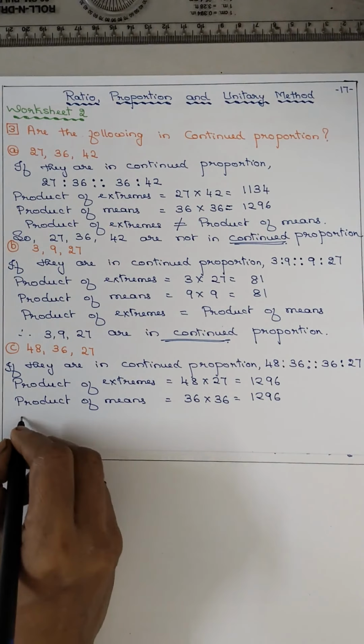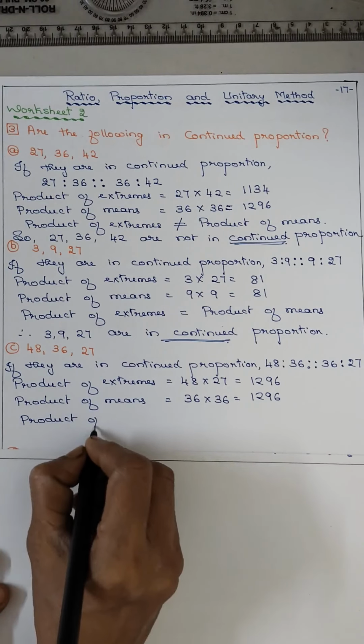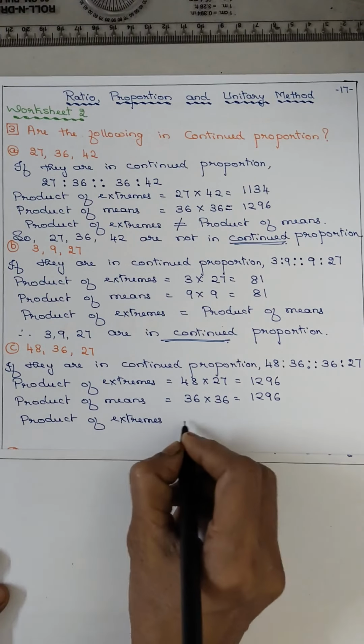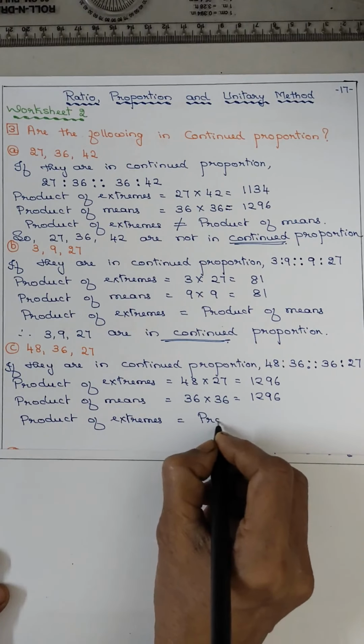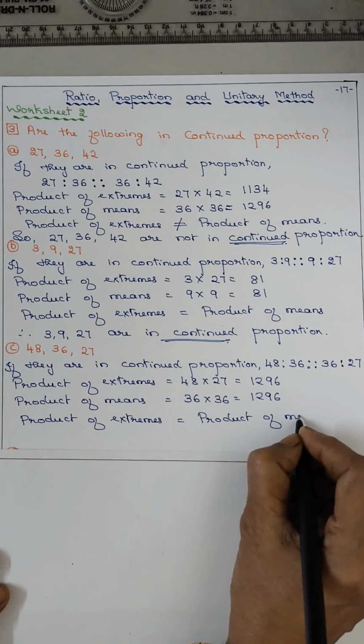Now both are equal. Write product of extremes is equal to product of means.